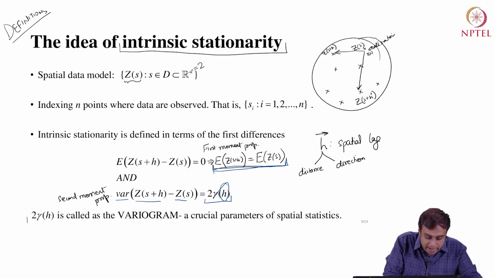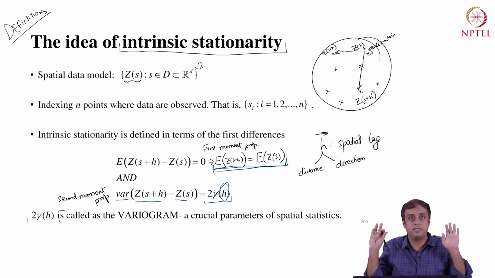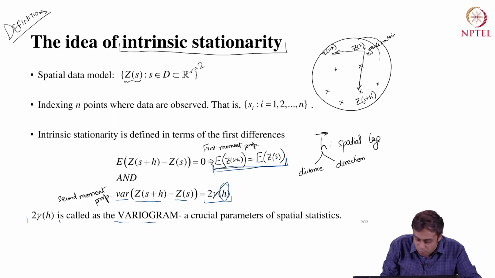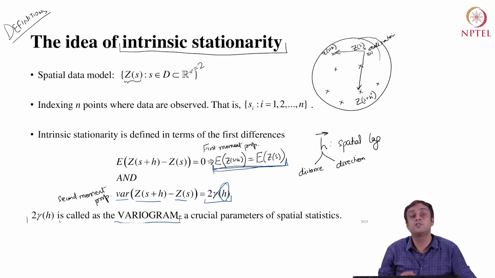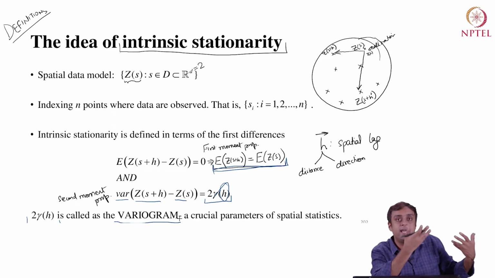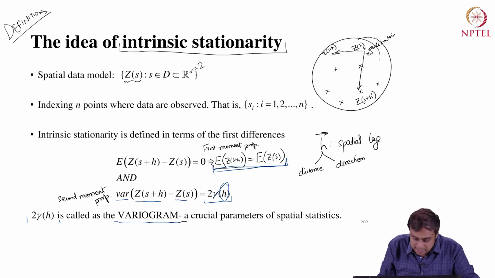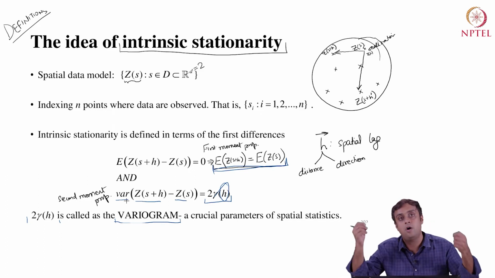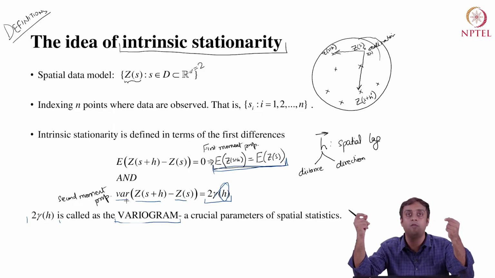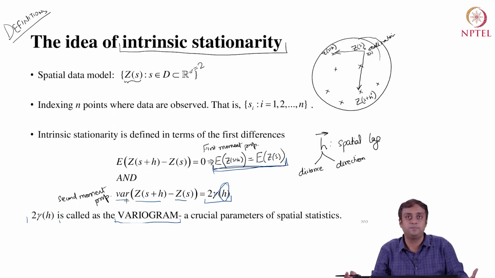Now, this 2 gamma h is perhaps the most important parameter of spatial statistics. It is called the variogram. The variogram is of course coming from variance, it is an operator by itself. So, the variogram basically is the variance of the first difference of pairs of locations across space for a given domain of spatial data.